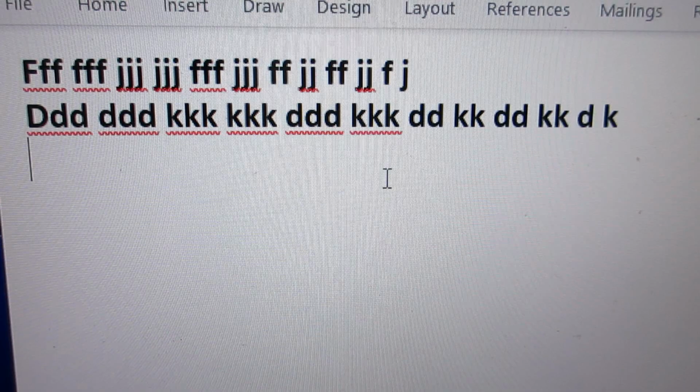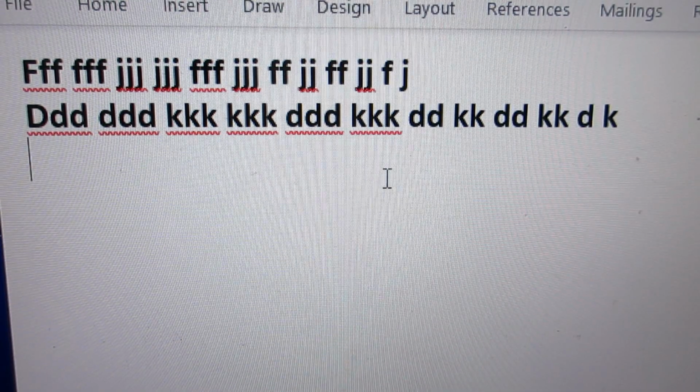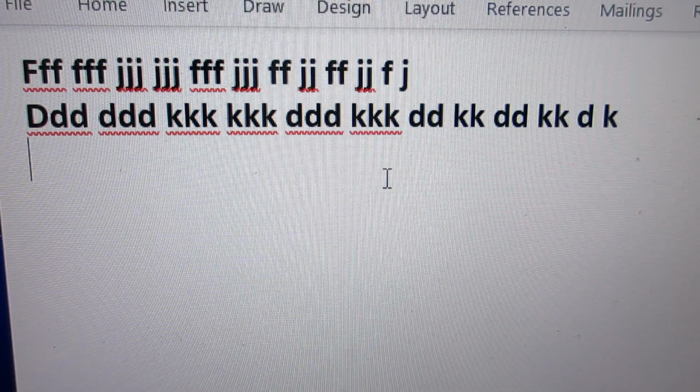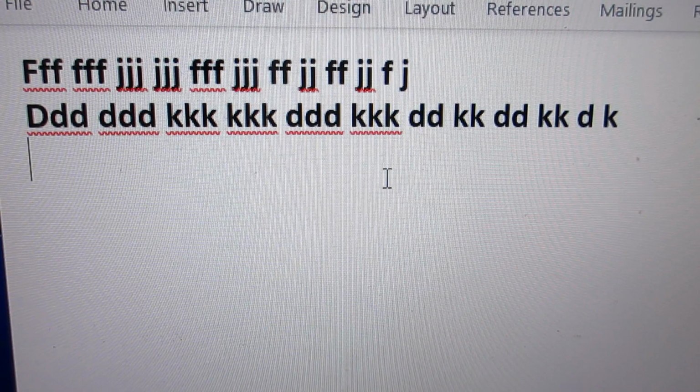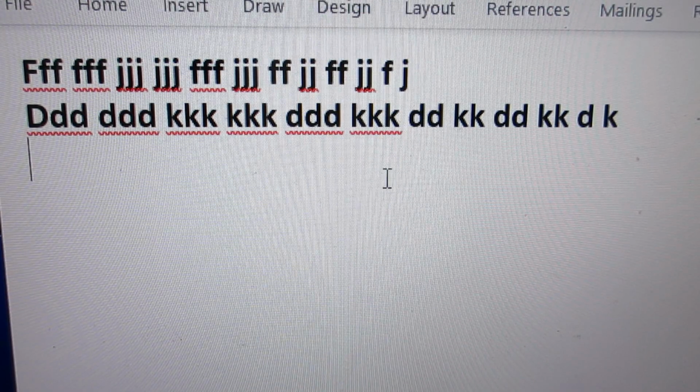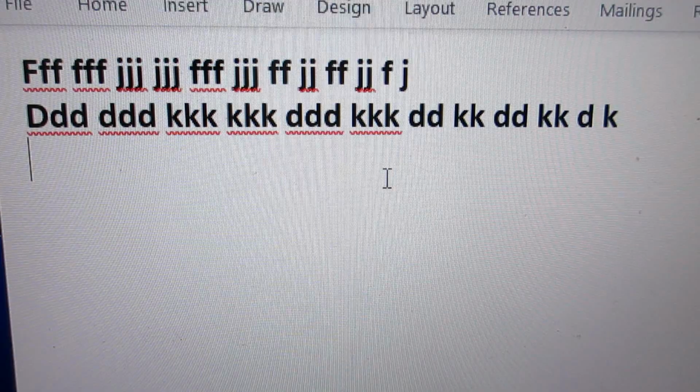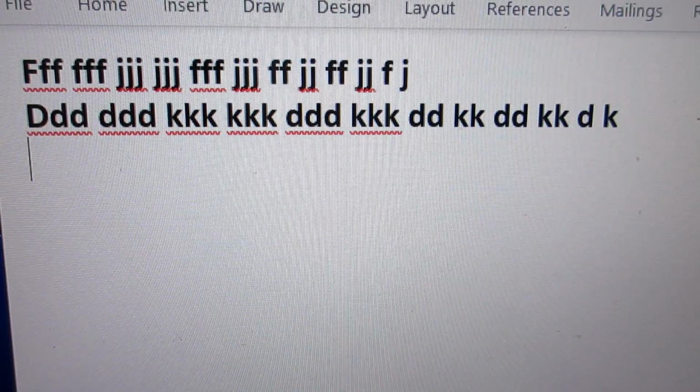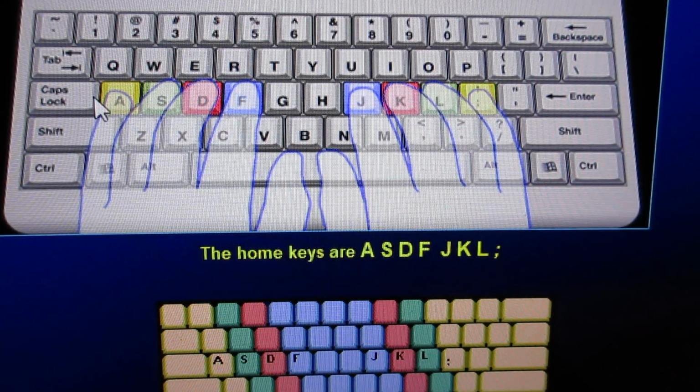Now let's do the S and L keys. This one, the A finger and the same keys remain on the home keys.